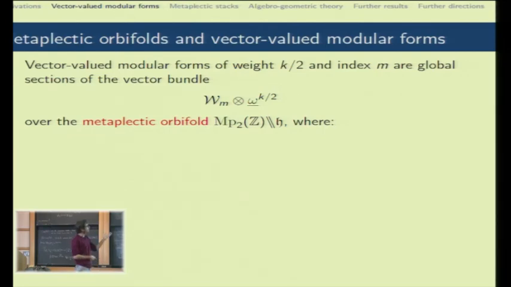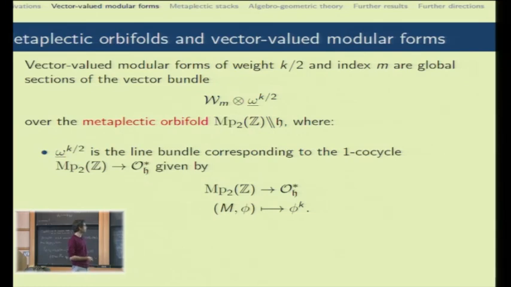I have a line bundle, omega to the k over 2, which must correspond to this cocycle. It's a one cocycle of MP2Z, where I map phi, the half integral automorphic factor, to phi to the k.